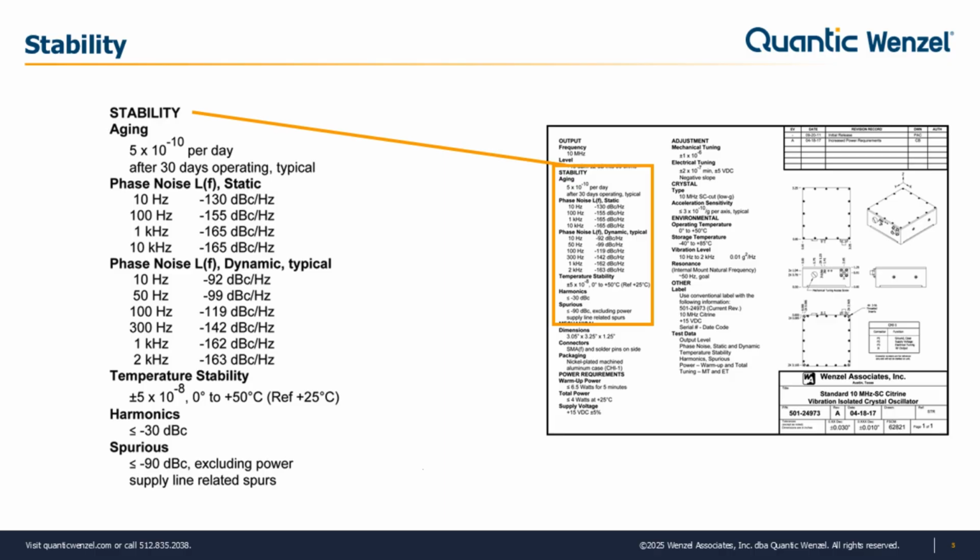The specification is written to define how far down, at a minimum, are the power levels in decibels of the spurious signals from the power level of the fundamental frequency. In our example, signals related to the power supply line are exempted from the specification.